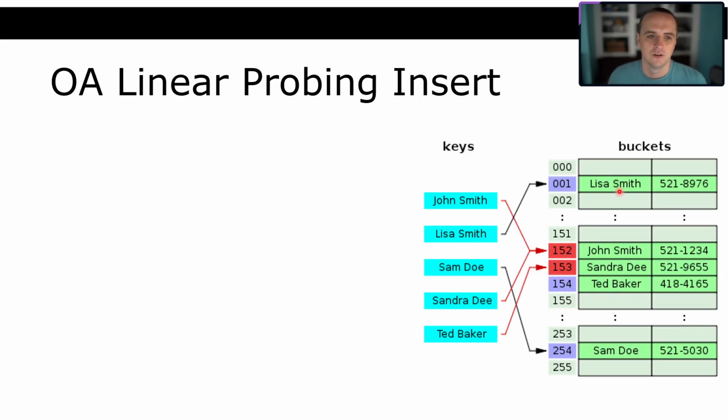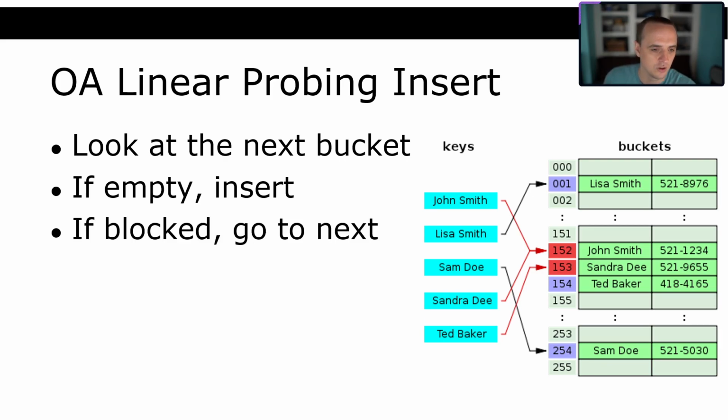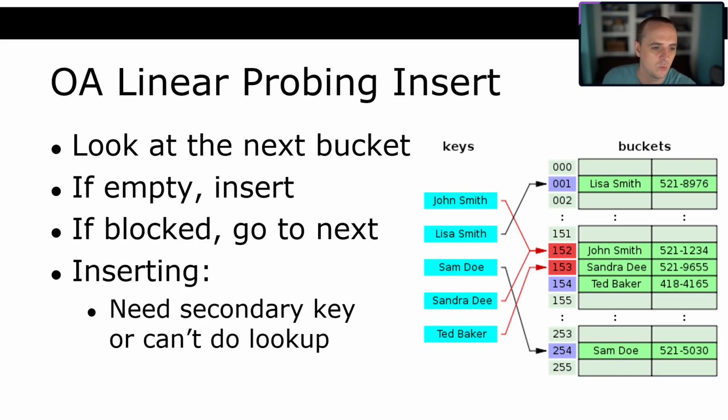So the simplest way to do this is open addressing with linear probing, okay? So all we're going to do is look at the next bucket, okay? If it's empty, insert it. If it's blocked, go to the next one. When we insert, we need a secondary key or we can't do the lookup.